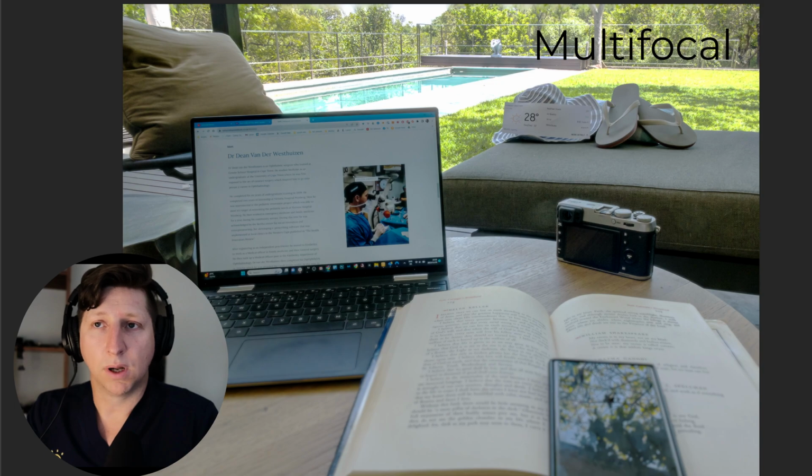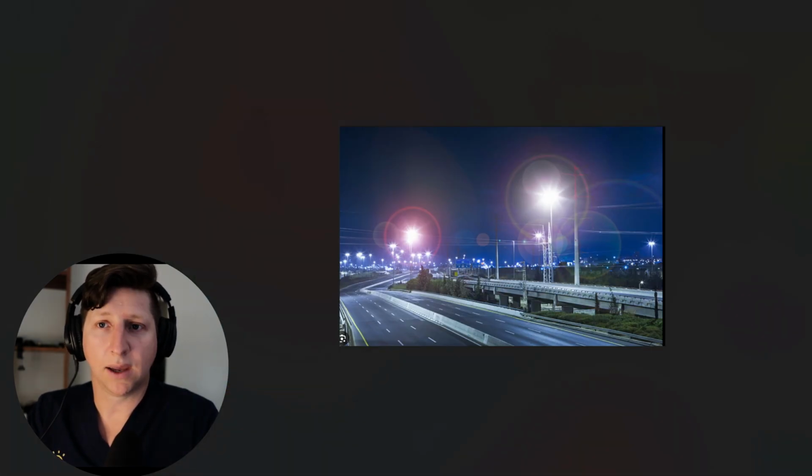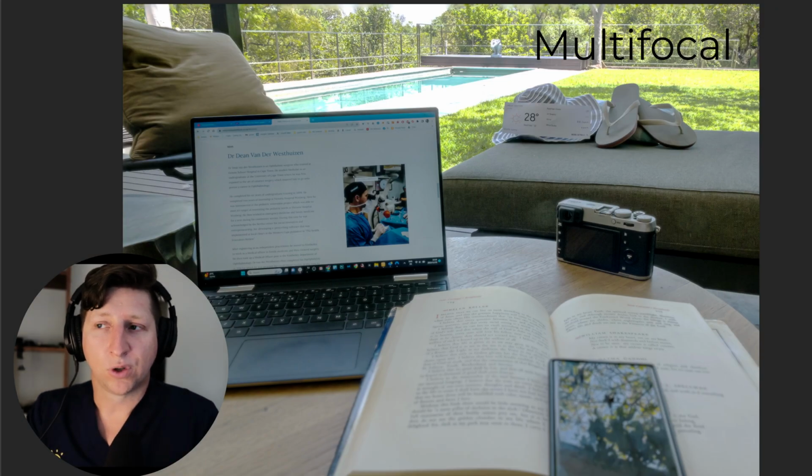Then you have your multifocal lenses, which can be either the geometric or geometric plus lens, which allows you to have focus from far, intermediate and near, but one does sacrifice contrast. Certain lighting conditions may be difficult and you may have an issue with glare and halos. So that's just a summary of the different types of lenses.